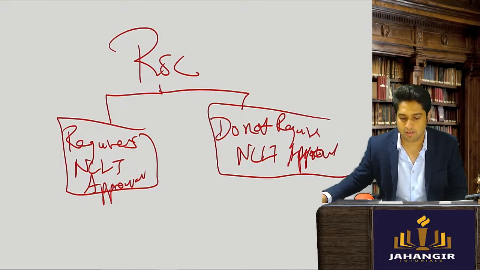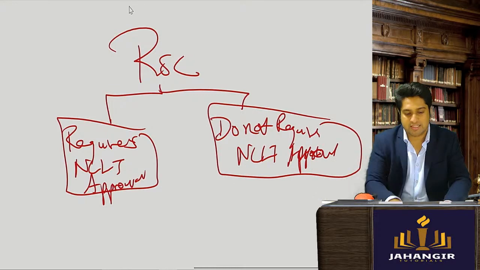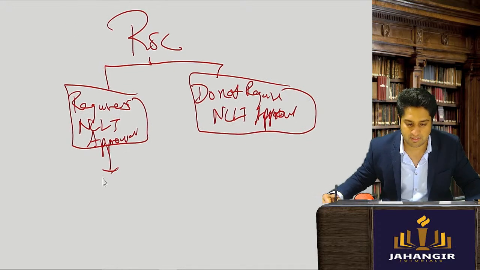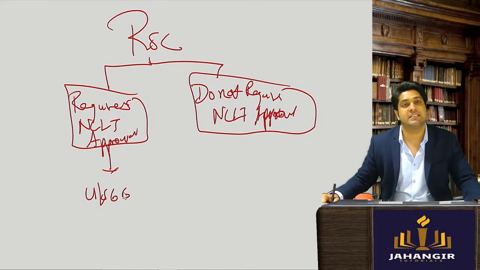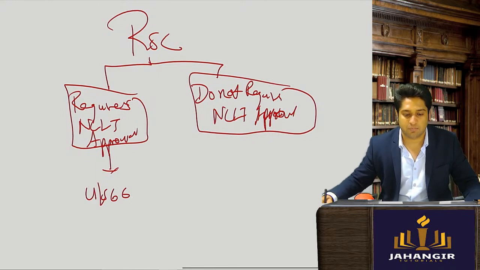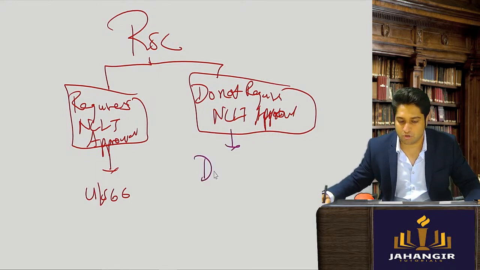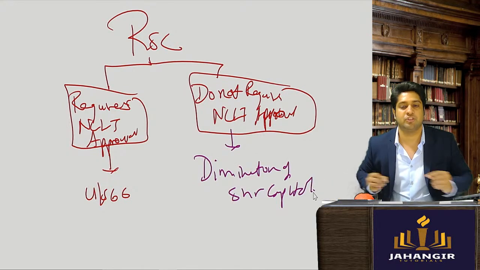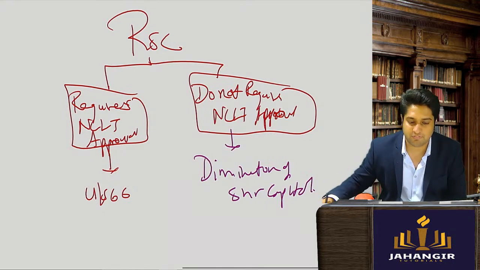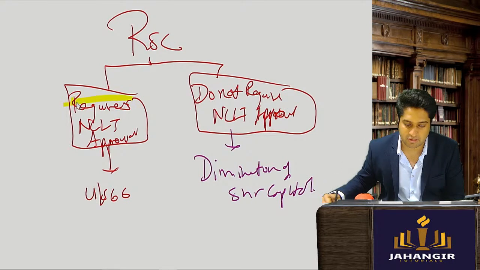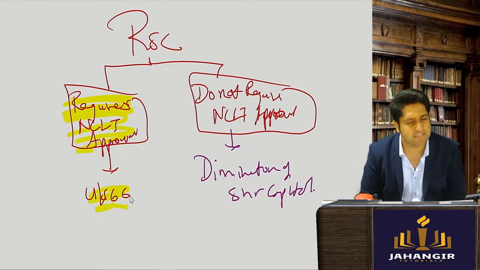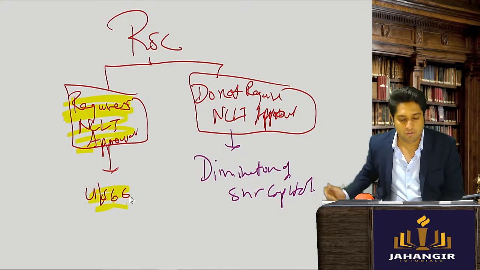Which requires NCLT approval is all the cases falling under section 66. Which does not require NCLT approval is called diminution of share capital. So whenever we say reduction of share capital, we are actually talking about section number 66, which is NCLT approval based.